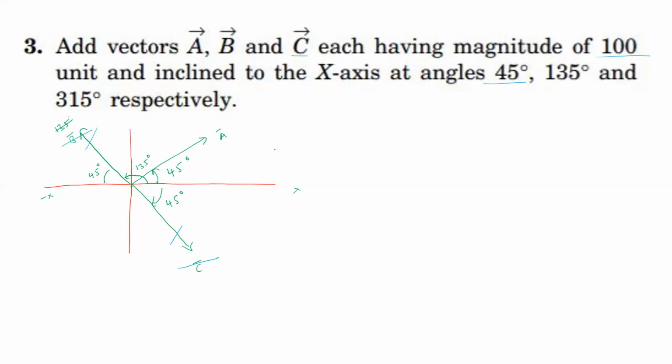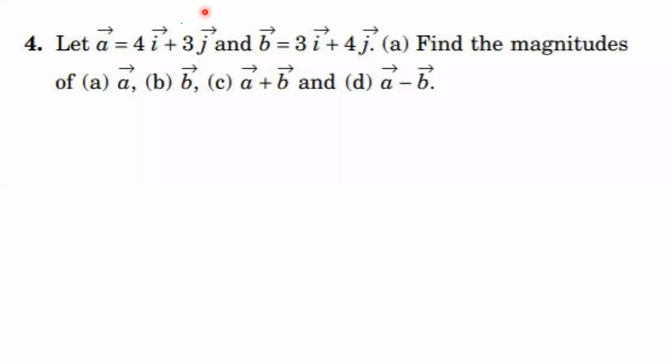So for these three vectors, the resultant is equal to the a vector only, with magnitude 100 and making angle 45 degree with the x-axis. So the answer for this question is magnitude 100 and angle 45 degree with the x-axis.